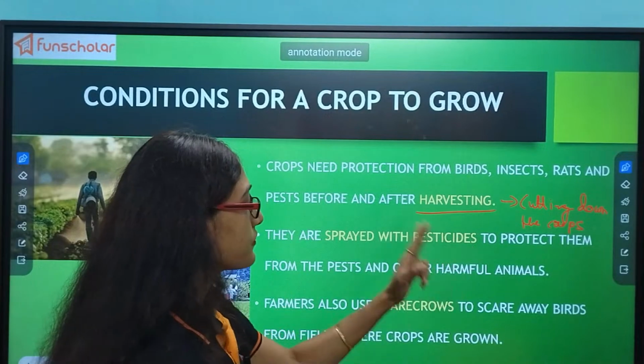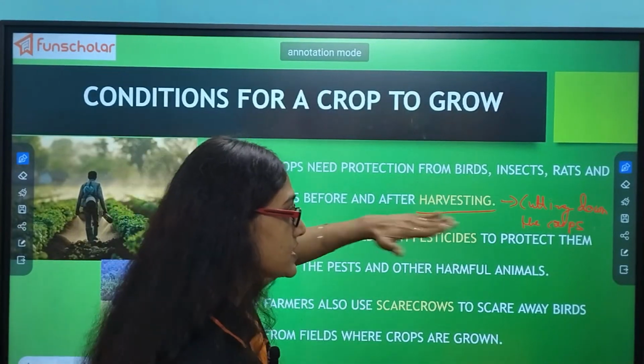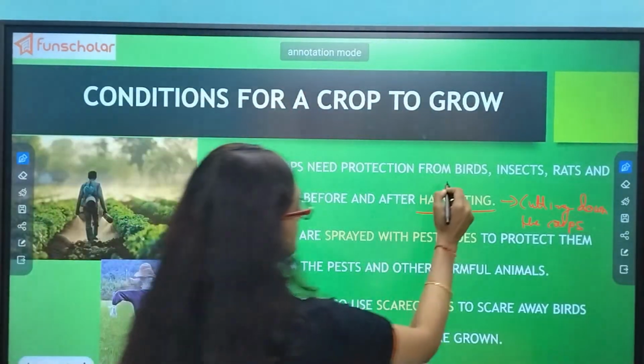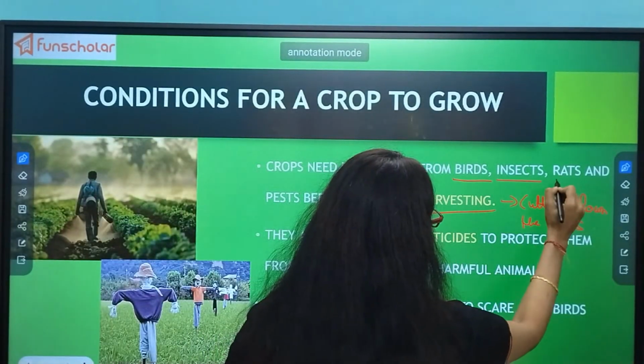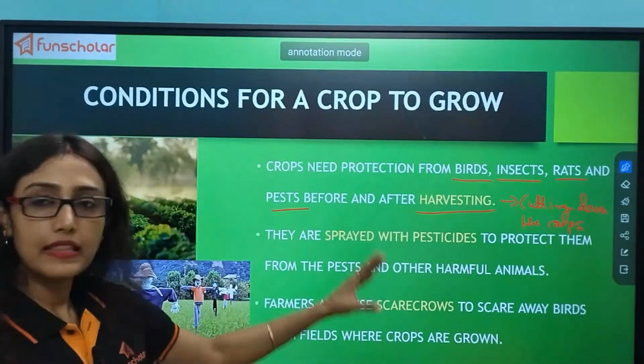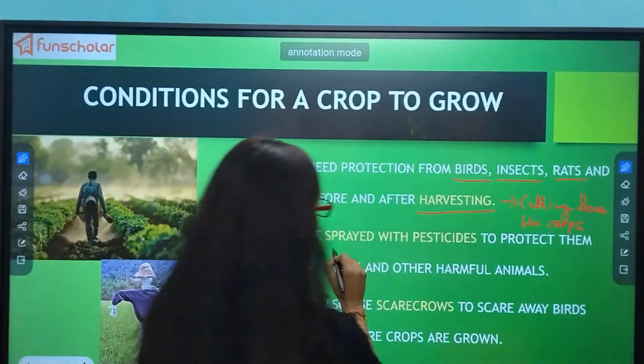From which animals do they need protection? They need protection from birds, insects, rats and pests. So to kill the pests, what is being used?